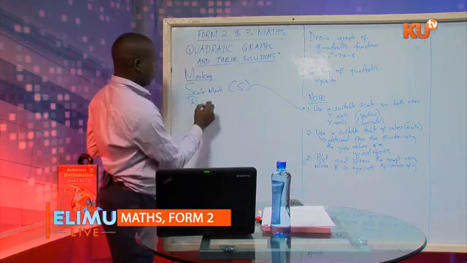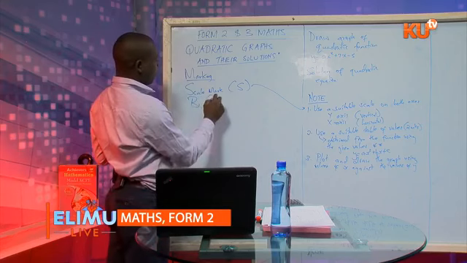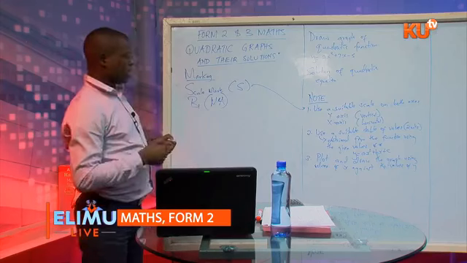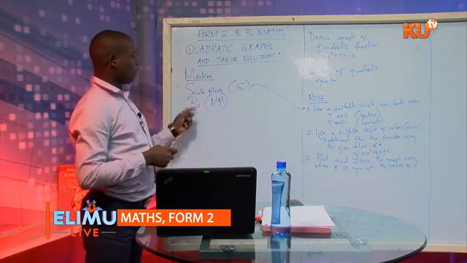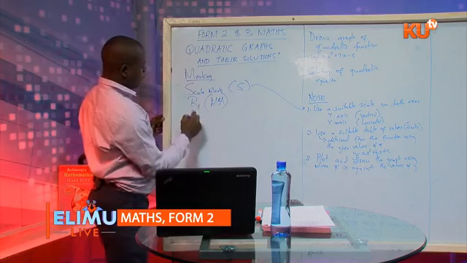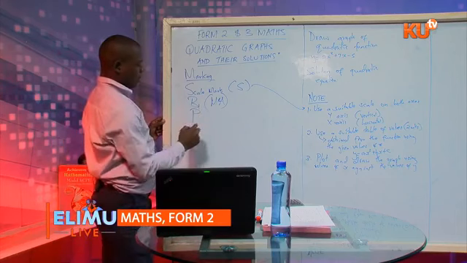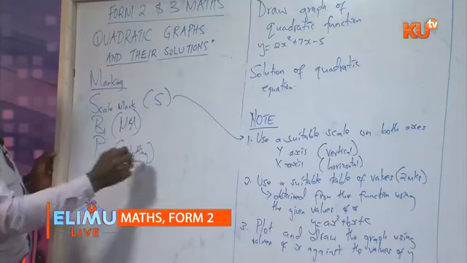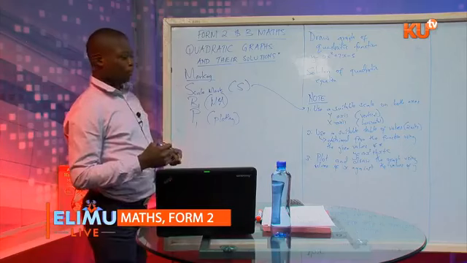Number two, we'll award marks based on the B mark. And usually in the drawing, the B constitutes both the method and the accuracy. So you must have both accuracy and the right method for you to get the B mark. We are going to give you what we call the P mark. This is for plotting. When you plot correctly, we award a mark for plotting.